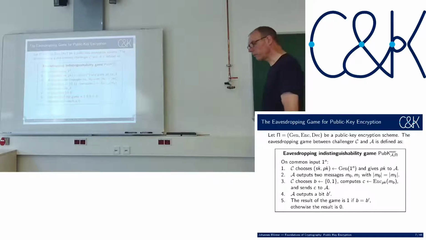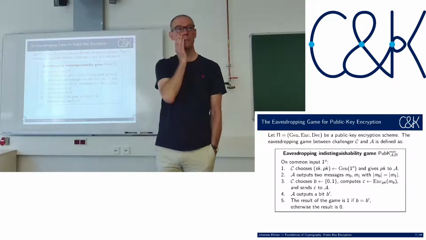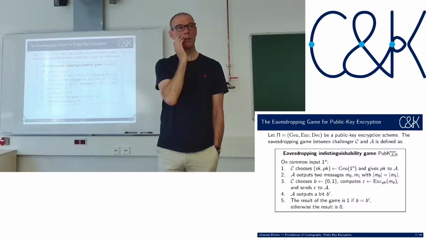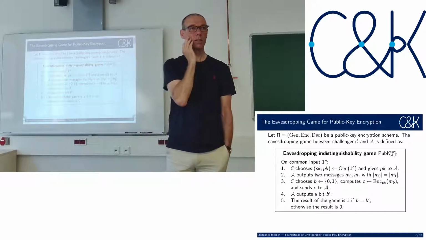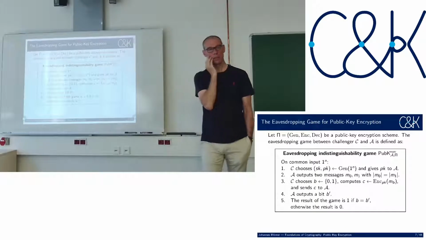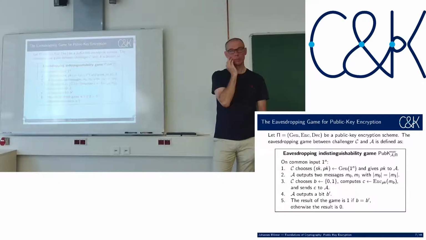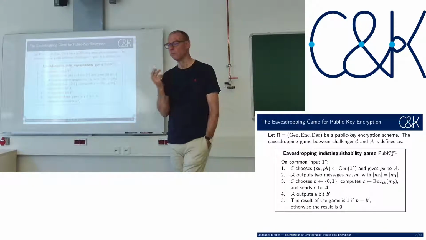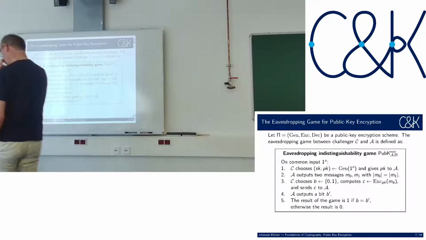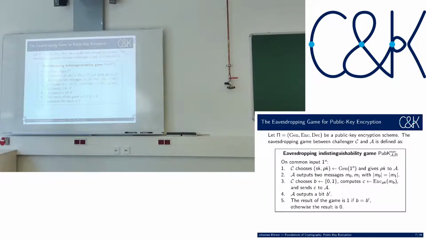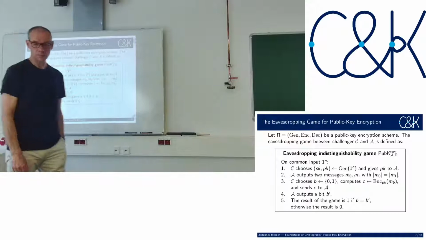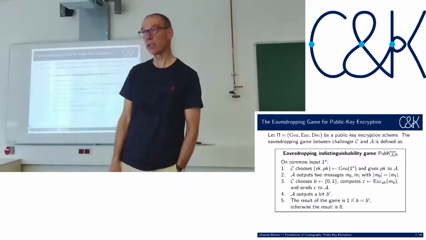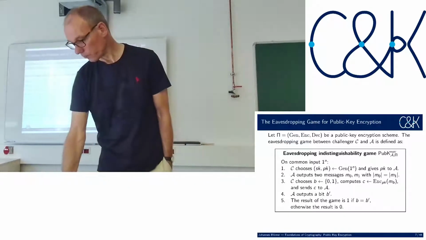So in the public key setting, for any kind of security definition, the encryption algorithm of an encryption scheme cannot be deterministic. That cannot lead to eavesdropping security or CPA security. So from the very beginning, we need to have probabilistic encryption.